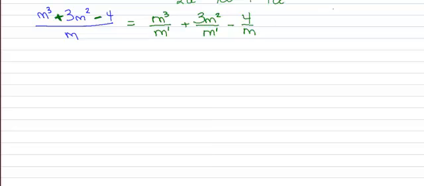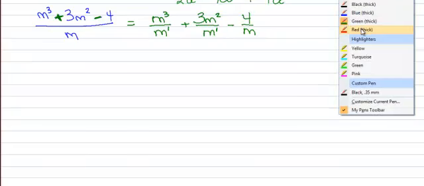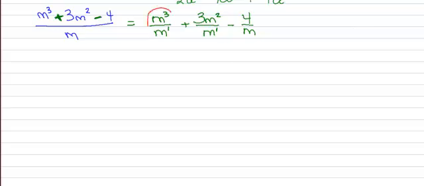And now we're going to start simplifying. We've got m cubed divided by m to the 1st, so we subtract those exponents. 3 minus 1 is 2, and 2 minus 1 is 1. And now we've got 4 over m, and this is where we have to be paying attention, and we see that we can't do anything to simplify that, so we leave it alone.